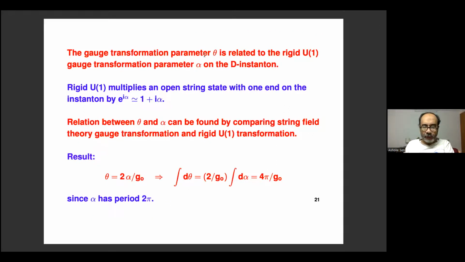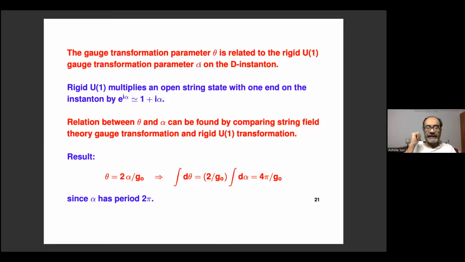Now the gauge transformation parameter theta that we saw is in fact related to what we call the rigid U1 gauge transformation parameter alpha on the D-instanton. So what is rigid U1? Imagine that we have the D-instanton and we have taken an open string whose one end is on the D-instanton. The other end can be on some other plane, another D-instanton or some other brane.